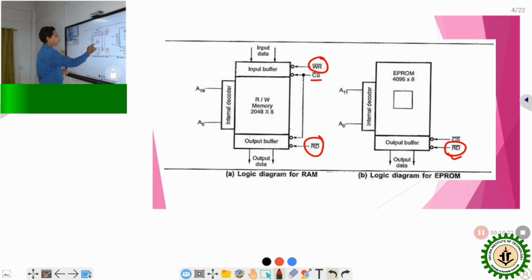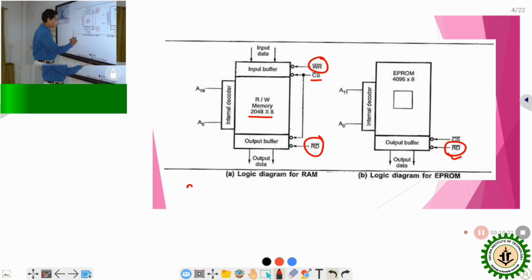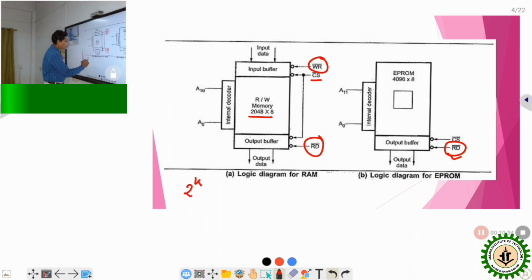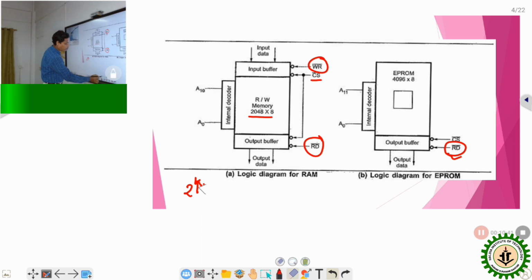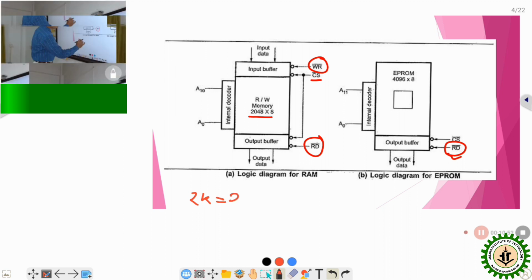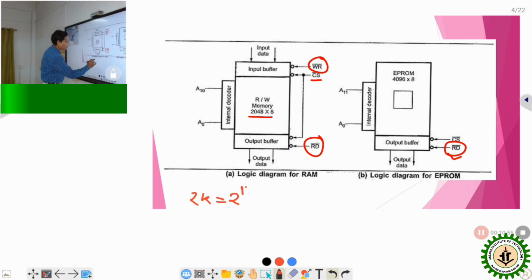In the first picture, it is observed that 2048 x 8, that means it is 2 kilobytes of memory, and 2 kilobytes means 2 to the power of 11.